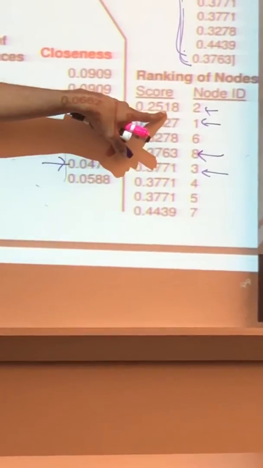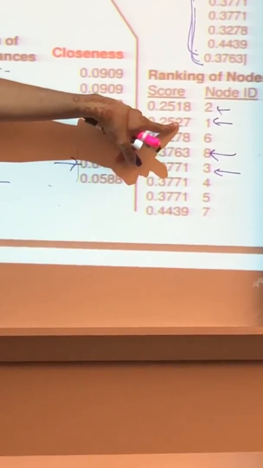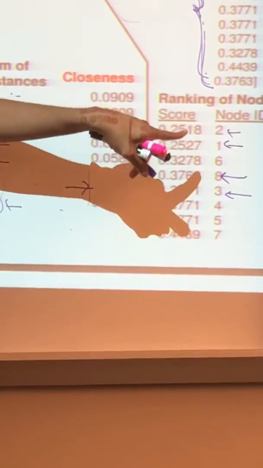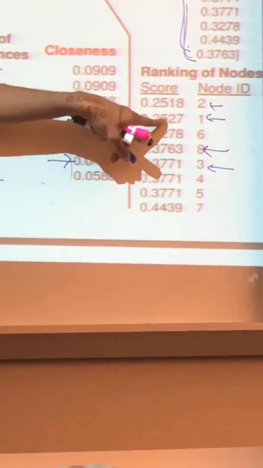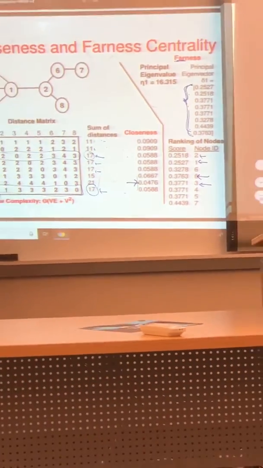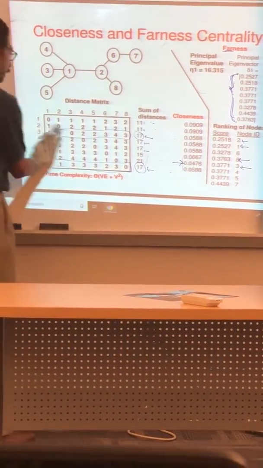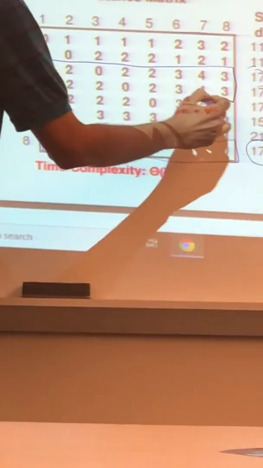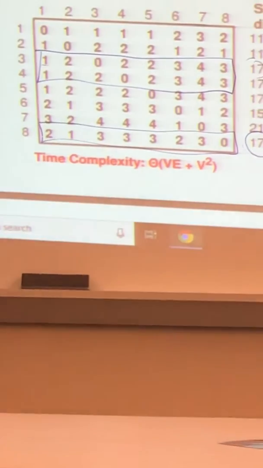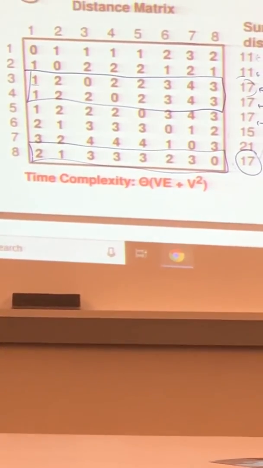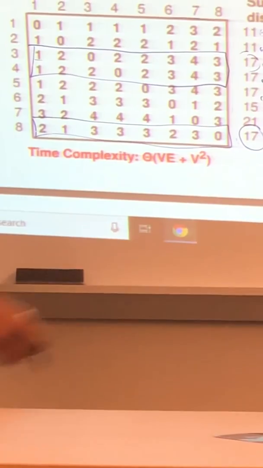Same thing with 2 and 1. Vertex 2 has a smaller value compared to vertex 1, so vertex 2 is closer to the other vertices compared to vertex 1. Okay? Any question? Whereas 3 and 4 have identically the same distance vector, which means they should also have the same value for the principal eigenvector entries.